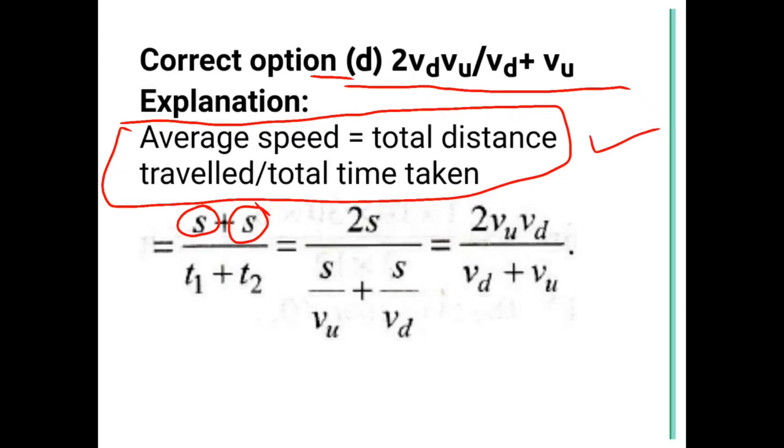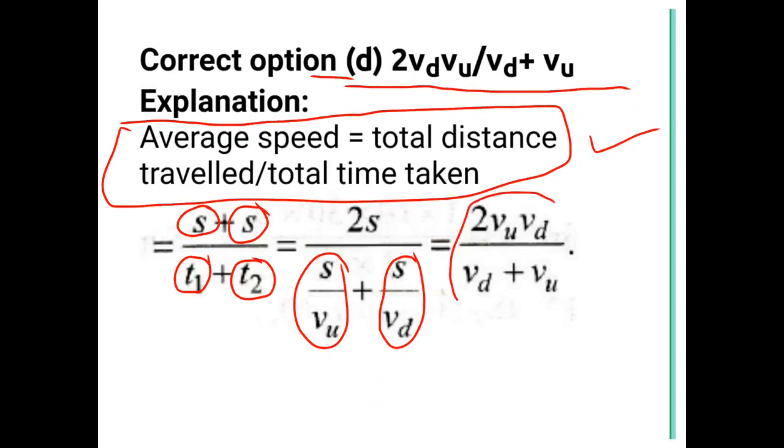For the two cases, t1 is the time taken in the first case and t2 is the time taken in the second case, so you add t1 plus t2. s is the distance traveled with velocity vu, and in the other case s is the distance traveled with velocity vd. So t1 is s by vu, and t2 is s by vd. If you simplify it, you will get the final answer 2 vu vd divided by vd plus vu. This is the correct answer.